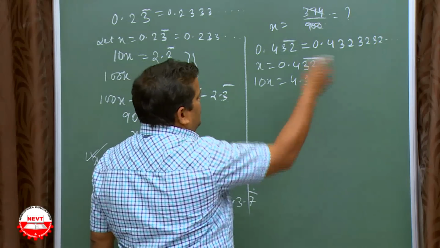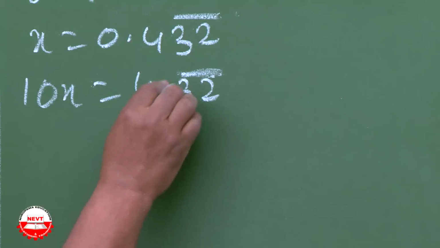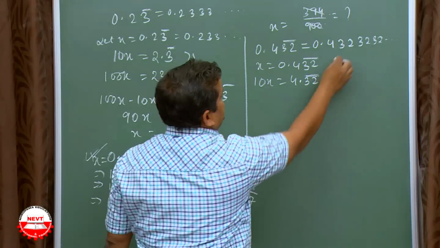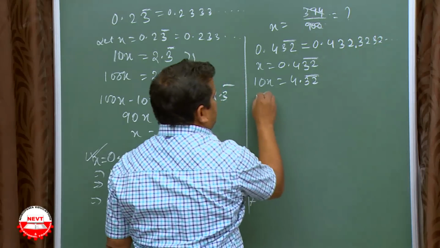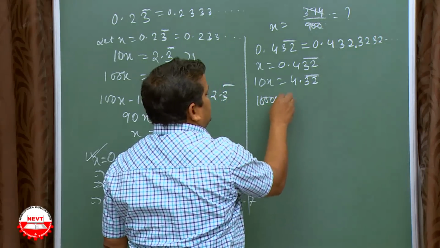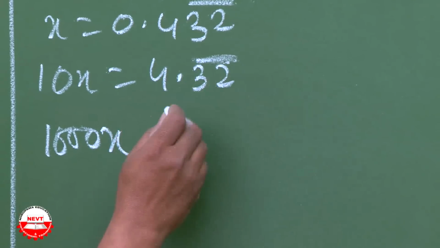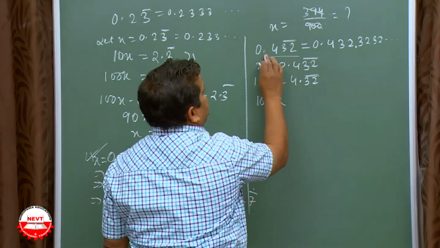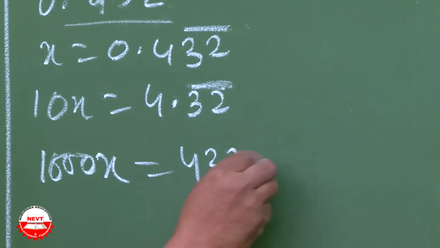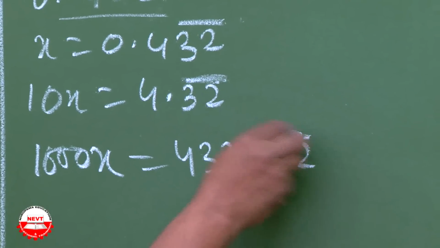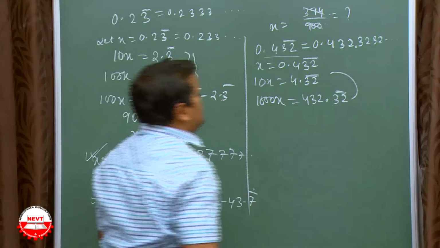Now to get the other number, you have to shift another 2 places, so the 32 bar continues. That means directly 1000x, which shifts 3 places in total, giving 432.32 bar. Now you can subtract these two.